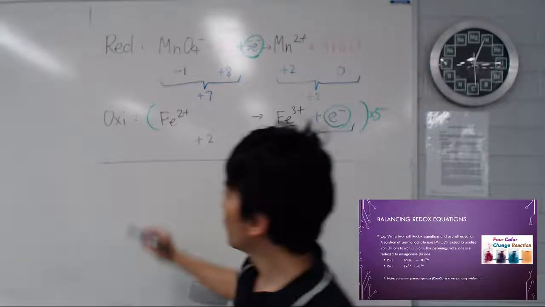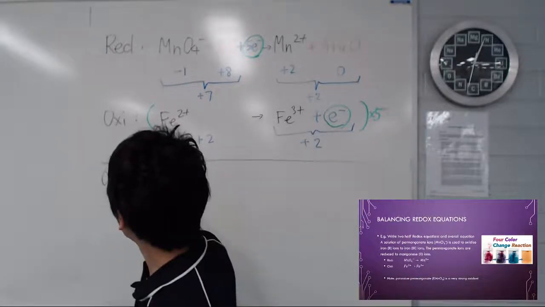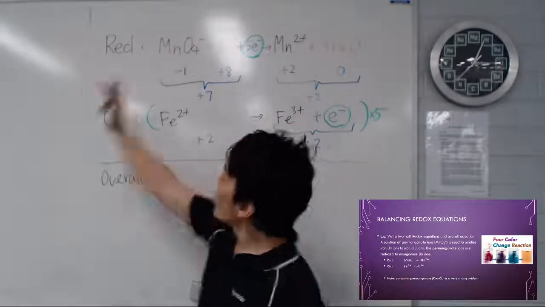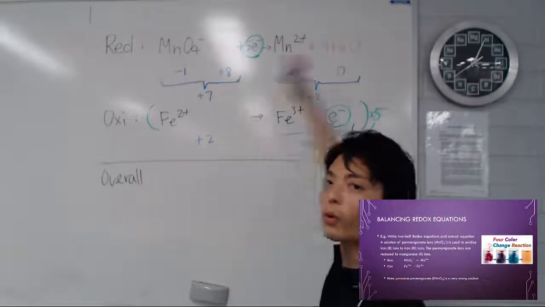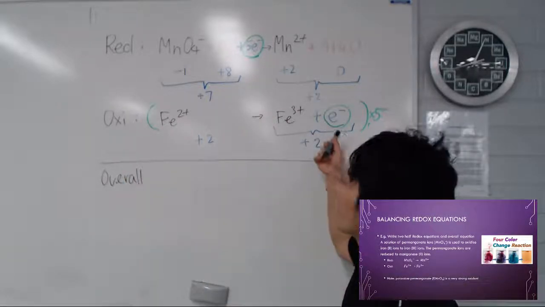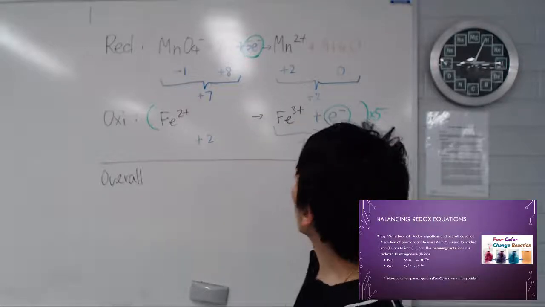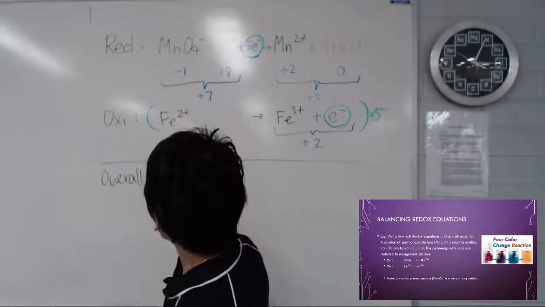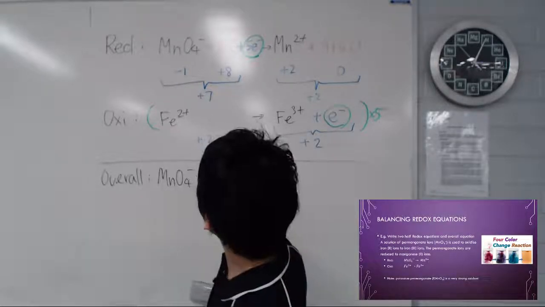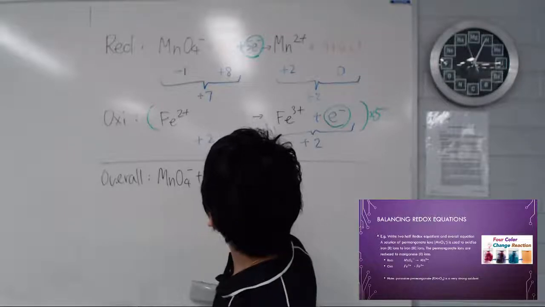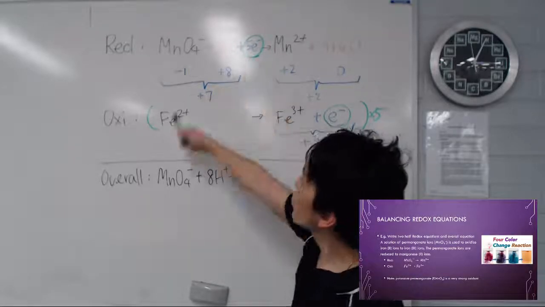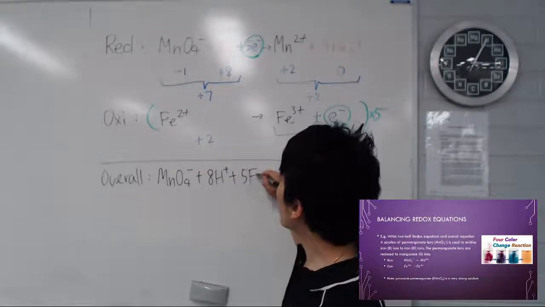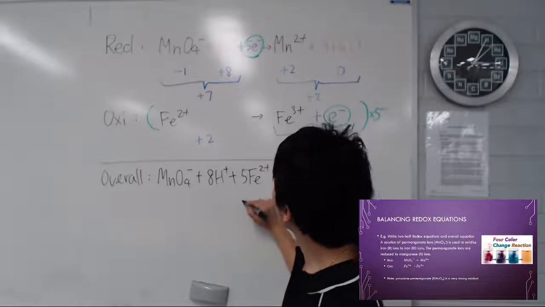All right. Let's then combine overall. Basically, you write down everything you see on the left-hand side, and what you see on the right-hand side, except for electrons, because they would be canceling out. That's the point of multiplying this half equation. So, MnO4 minus plus 8H plus, no electron, jump to here. And remember, you also multiplied that by 5, so 5Fe2 plus.